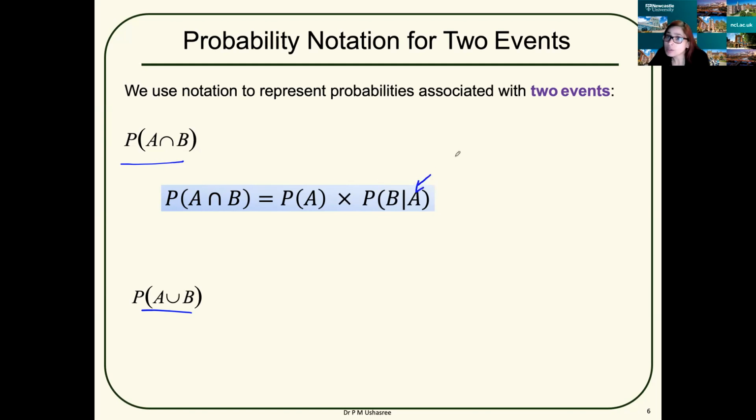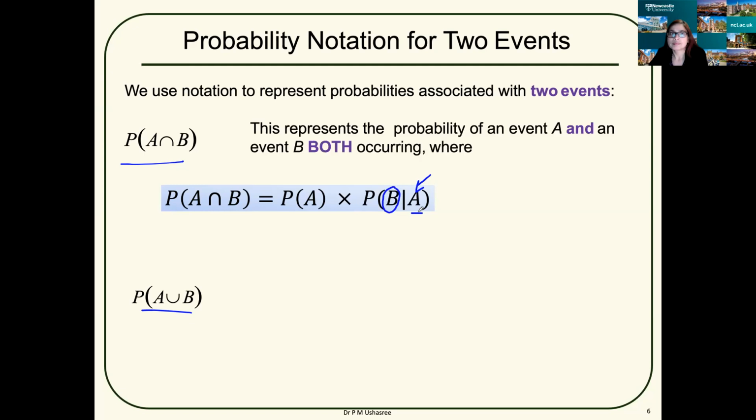So that means probability of B is now being affected by A. This represents the probability of events A and B both occurring together. Now, this is called conditional probability, because the probability of B happening is affected by A happening.